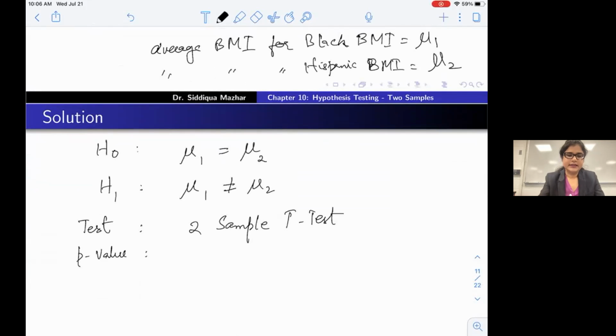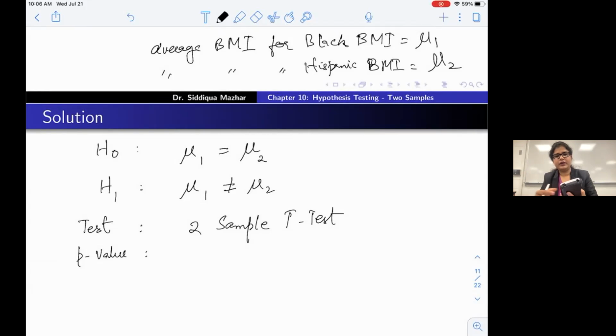So in your calculator, you will go to stat, go to test. Here you will see number 4 is two sample t-test. So I'm going to select 4, two sample t-test. Now if it is data, then raw data, you will be writing in your data, which is L1 and L2.